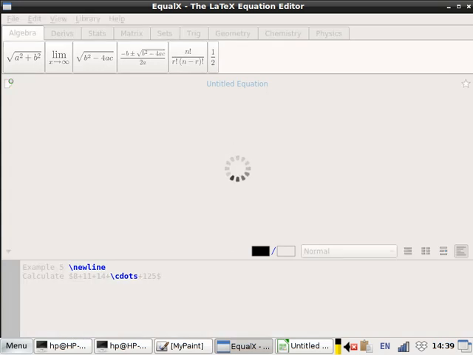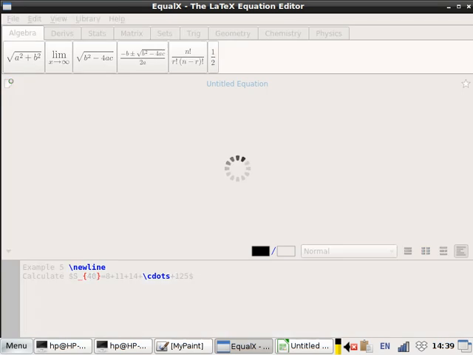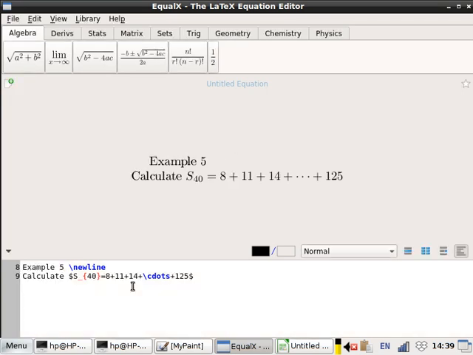Right, so I want you to calculate this sum for me. Oh, and also actually, I was a little bit nice in this one. I also tell you how many terms there are. So I don't write them all down, but I tell you that there are 40 numbers here I want you to add: 8, 11, 14, all the way up until you get to 125. So we can use the formula we just figured out.